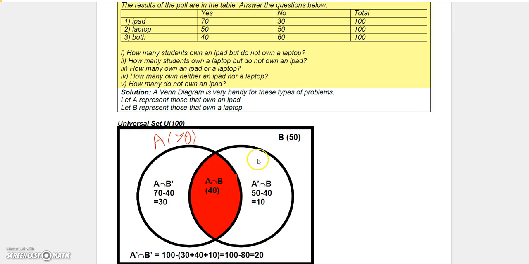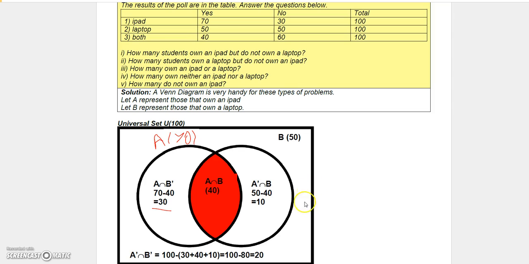So we can easily figure this out, because since we know the total in the A circle must be 70, we can just subtract this 40 from 70 and we get 30 that own an iPad but not a laptop. And then over here, if we take the 40 away from 50, 50 minus 40 is 10, and so we have 10 that own a laptop but not an iPad.